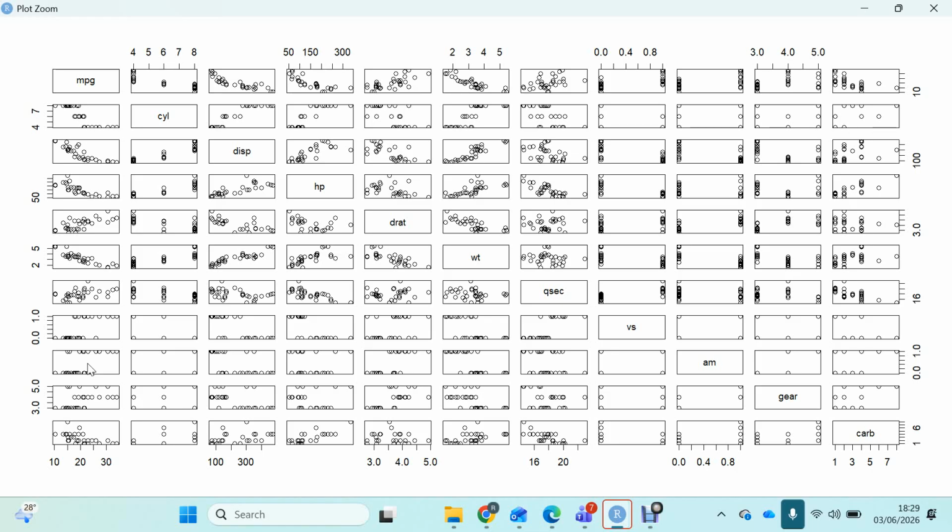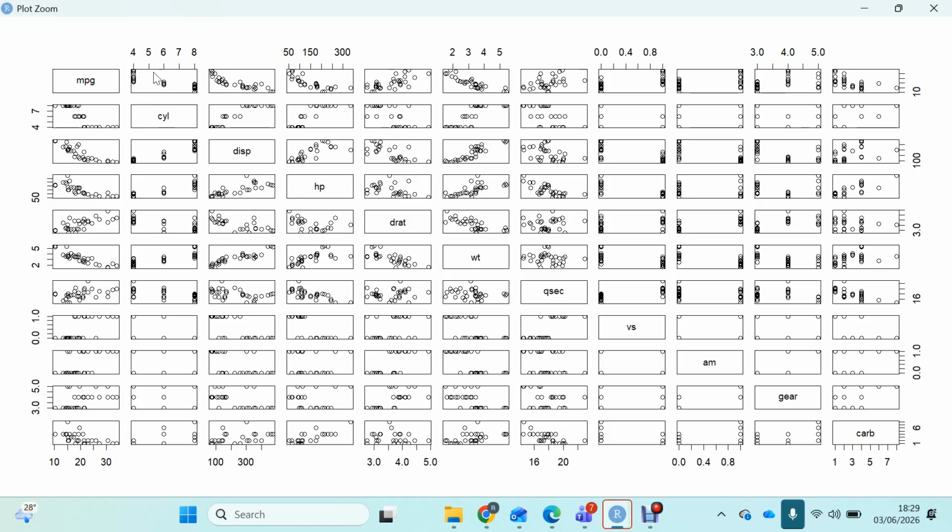Can you come again with the instructions for us? You have this graph. So when I take MPG, for example, MPG and cylinder, you see that the relationship is either the one below the MPG, or at the top, on the right hand side of it. That is cylinder versus MPG.